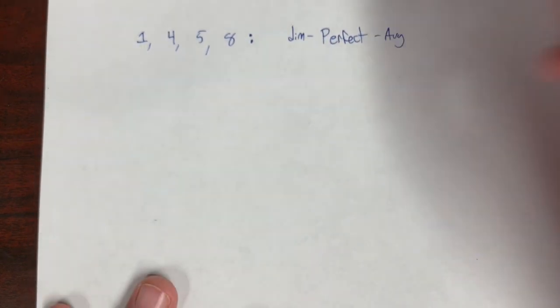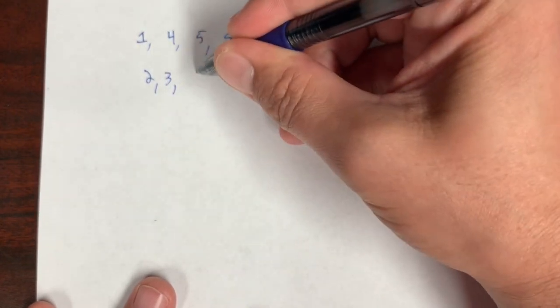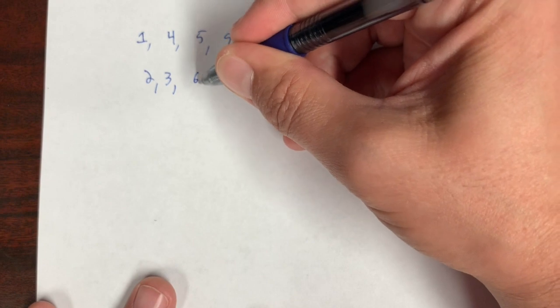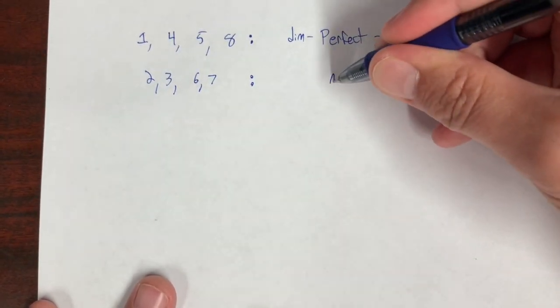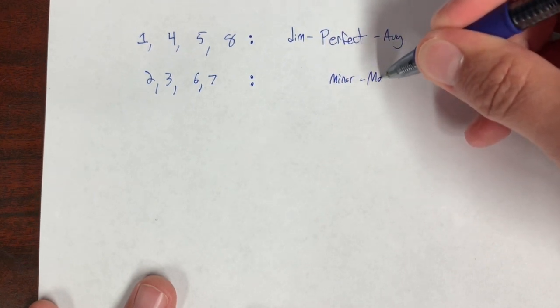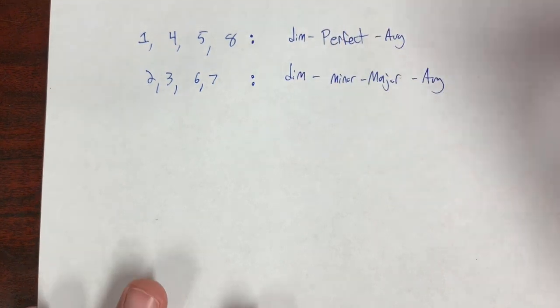We talked about this last time. And then the remaining intervals, seconds, thirds, sixths, and sevenths, can't be perfect. They can be minor or major, or augmented, or diminished.